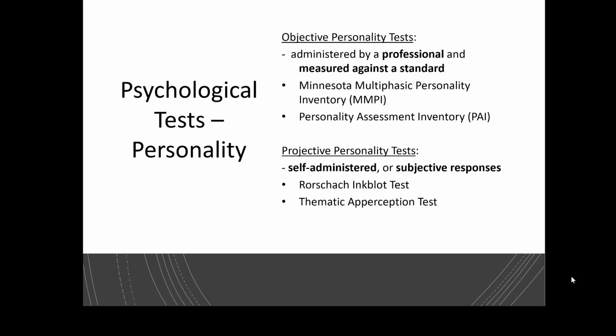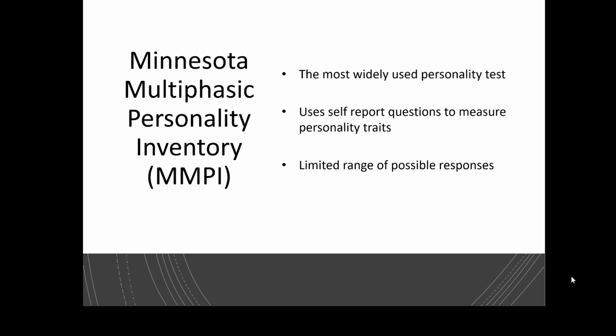the thematic apperception test. Let's take a look at examples of each category and discuss the way in which they're used and the type of useful information they can provide to help the clinician understand and assess the client. The Minnesota Multiphasic Personality Inventory is the most widely used personality test.